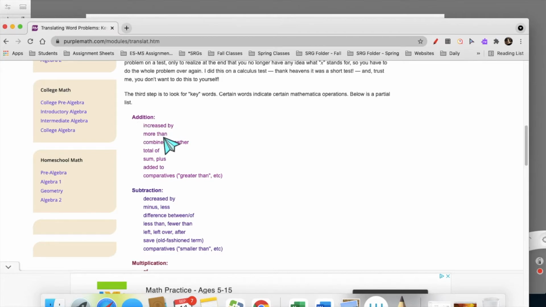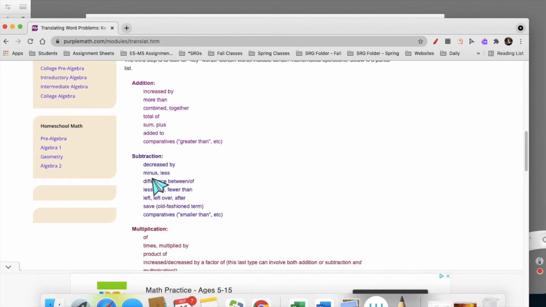So addition: increased by, more than, combined, together, total of, sum or plus, added to, comparatives like greater than, things like that. And then here's subtraction. So decreased by instead of increased by, minus or less, difference, difference between or difference of, doesn't really matter which one they use there for between or of, less than, fewer than, left, leftover, or after.